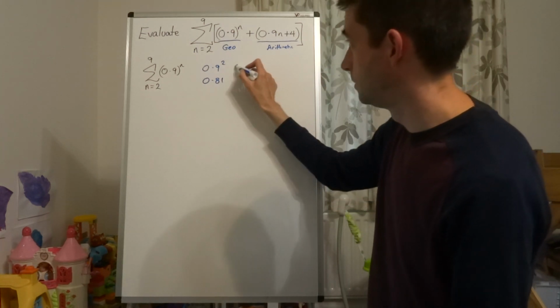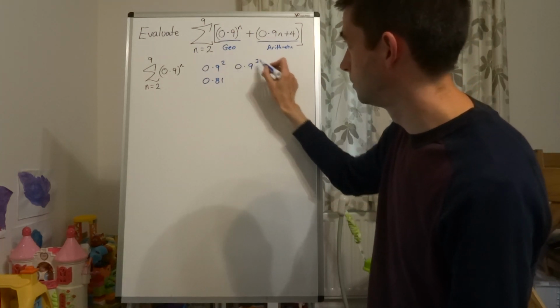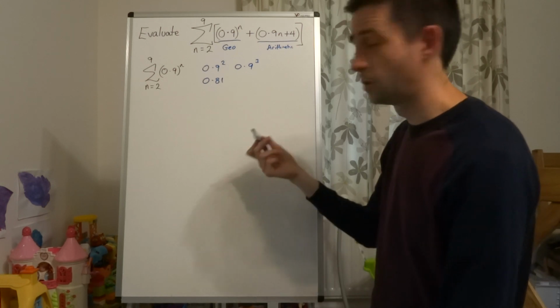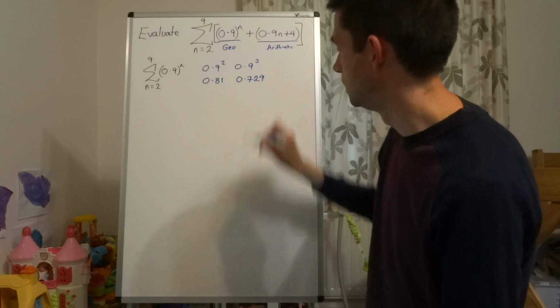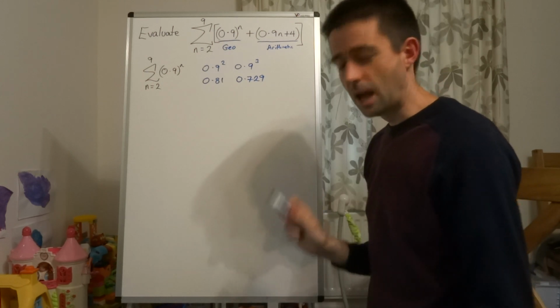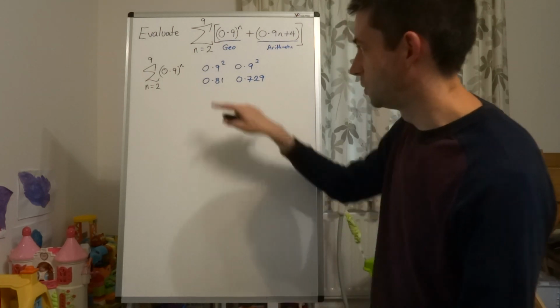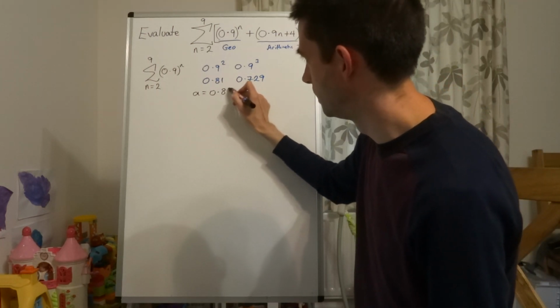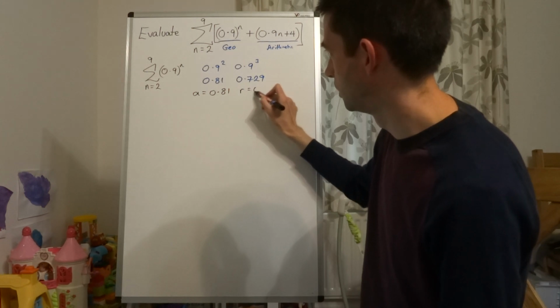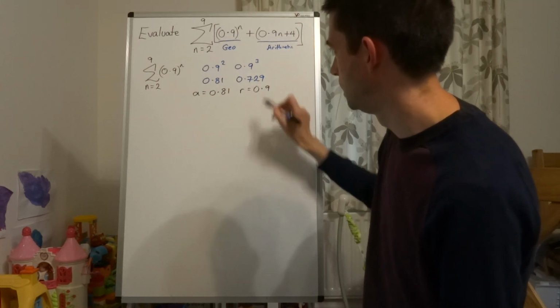The next term is going to be 0.9 cubed, which is 0.729. Now that is enough information for me to work out that a, the first term, is 0.81, and that r, the common ratio, is 0.9.